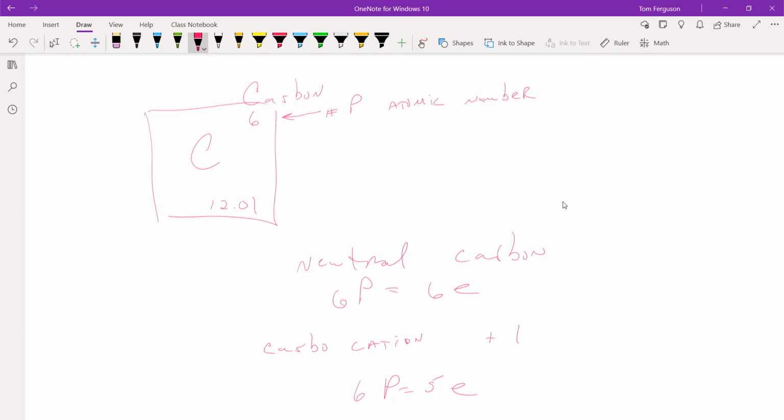So my message here is the electrons can come and go, but the protons cannot. Because if the protons change, it's no longer carbon. So electrons come and go, period. Unless we're talking nuclear chemistry, then protons come and go there as well.